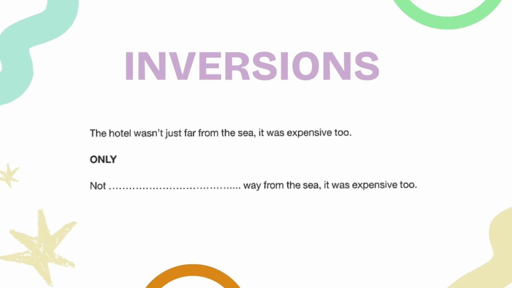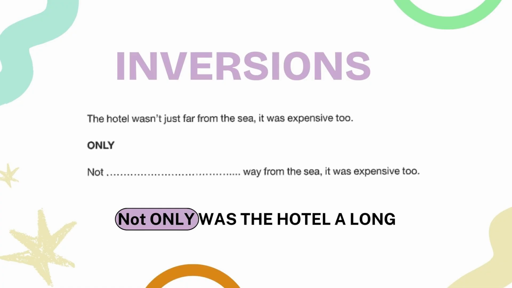So what Cambridge wants from you here is for you to invert that original sentence, keeping the meaning the same. How do you do that? Pause the video, give it a try, and I'll show you the answer. So the answer will become: not only was the hotel a long way from the sea, it was expensive too.